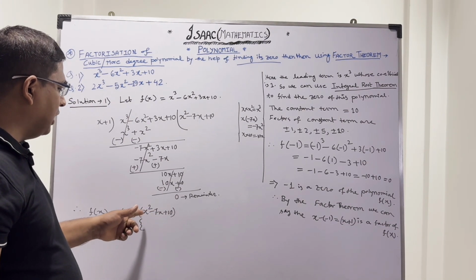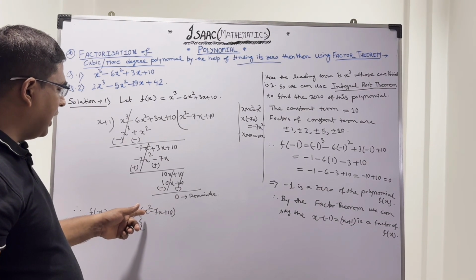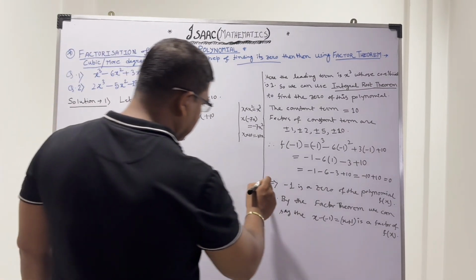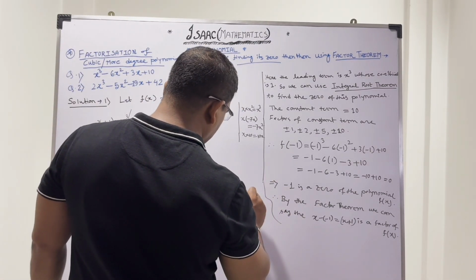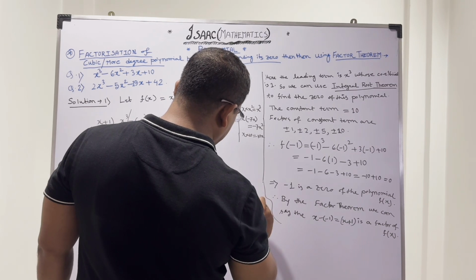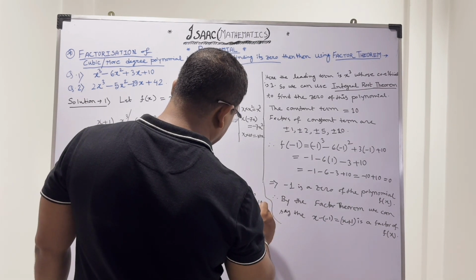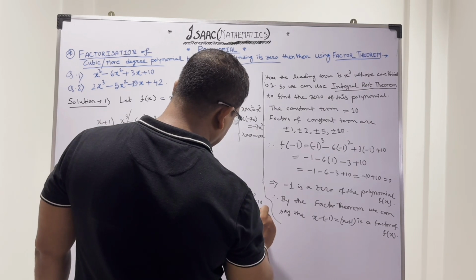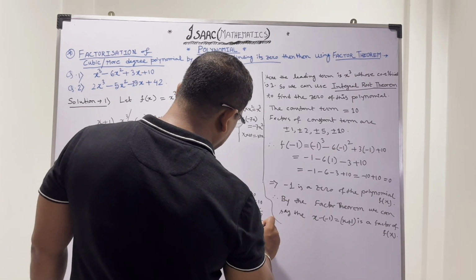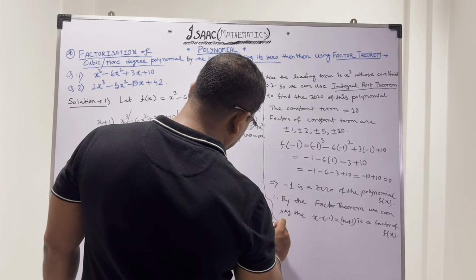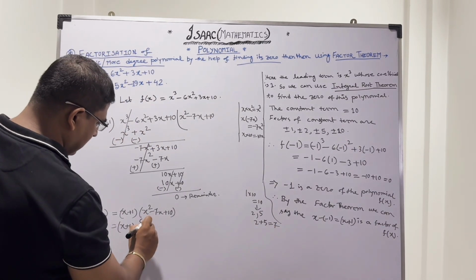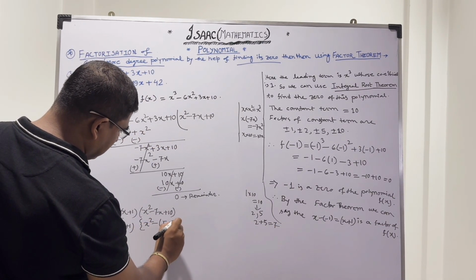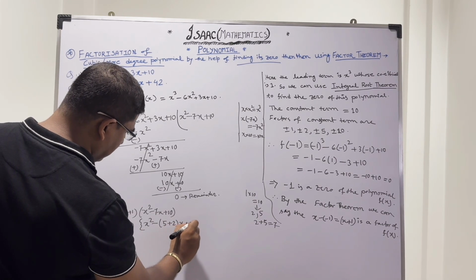For this we multiply the square term coefficient, that is 1, with the constant term, that is 10. So 1 into 10 will give 10, and two factors of 10 are 2 and 5, whose sum will give 7. So 2 plus 5 equals 7.